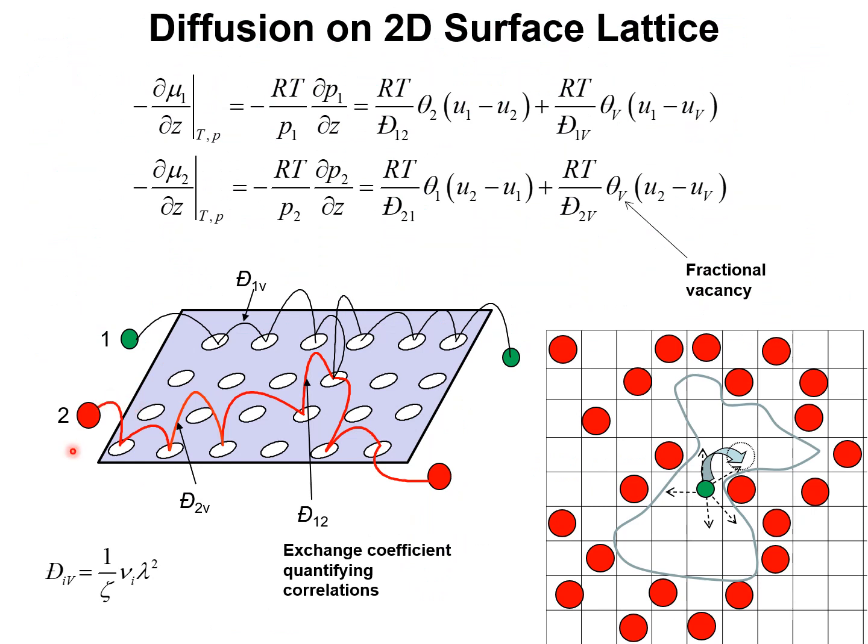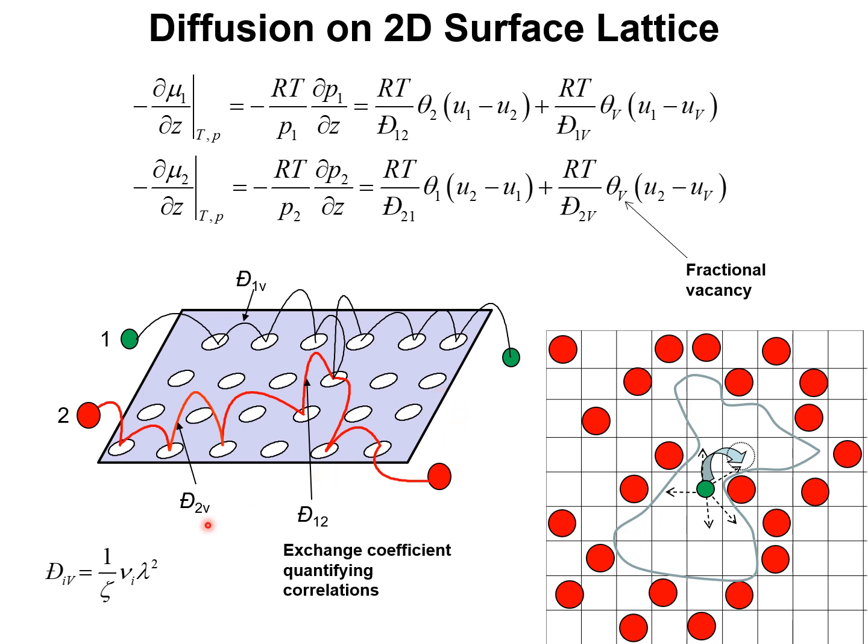Let us consider the motion of two gas species, green and red, components 1 and 2. These could be, say, methane and carbon dioxide as they traverse along the surface of the graphene membrane.